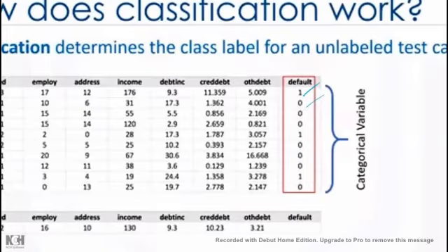Now what is the difference between regression and classification? Since the output is continuous in regression, the predicted value can be anything.